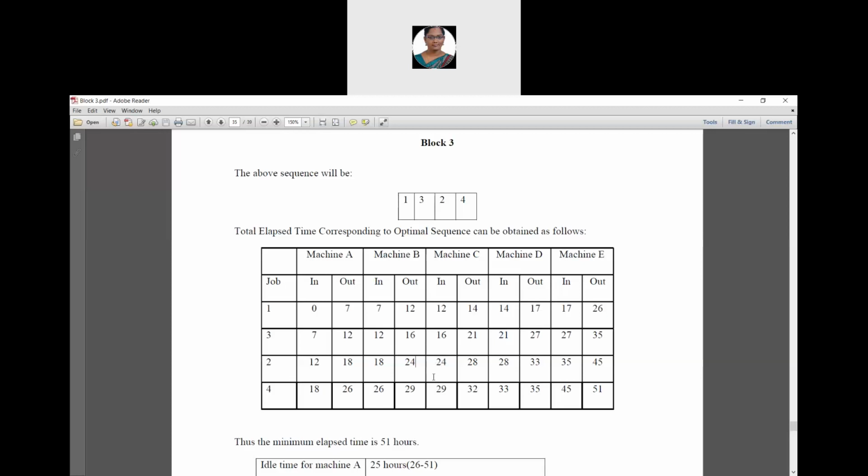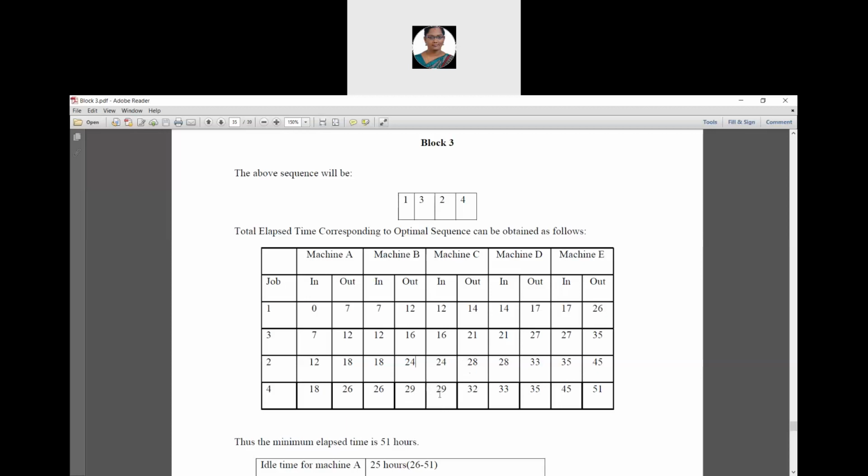Okay. Then out value is calculated by in value 24 plus the processing time for the second job in machine C. It is 4. So 24 plus 4 is 28. Then compare these two things. We should write maximum of 29 and 28.